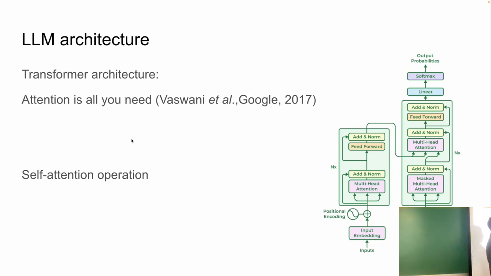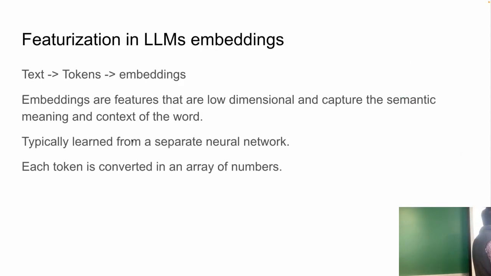The transformer architecture is very powerful in understanding language, and its basic operation is called the attention mechanism. This attention mechanism is used in multiple tasks, but it's the heart of the transformer architecture.